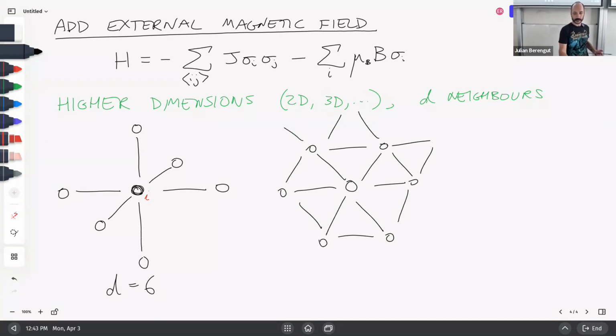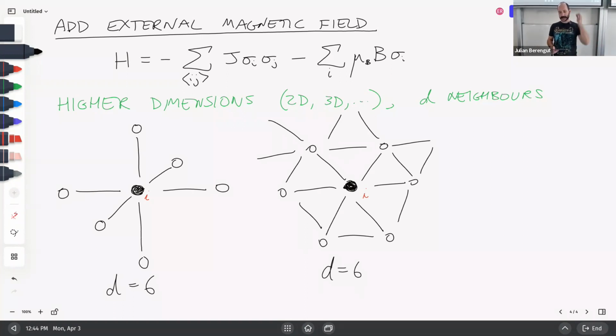And so on. In this case, you've got D equals 6 again. This guy here has 6 neighbors. So you can see that you're not always going to have the same number of neighbors, but you've got D.